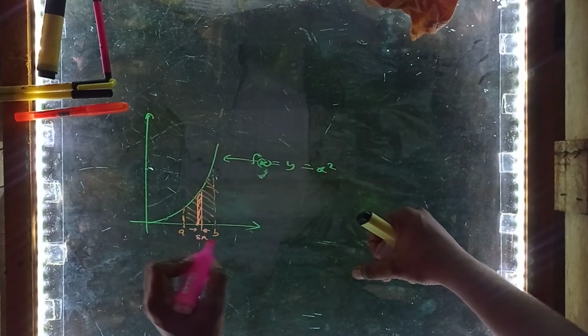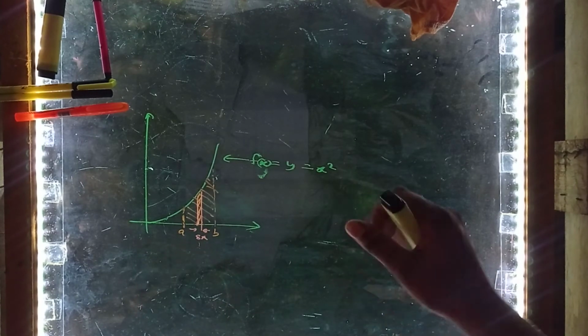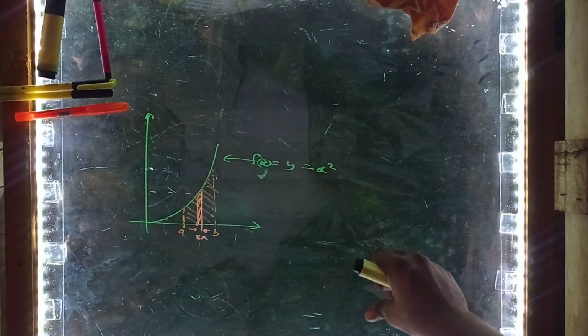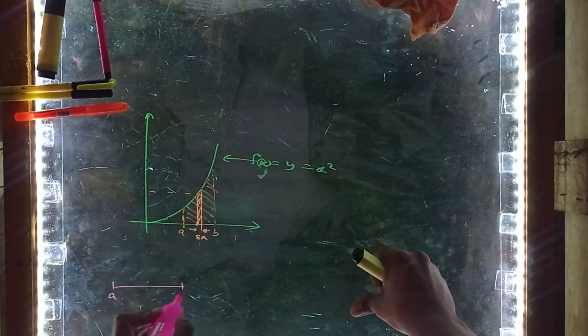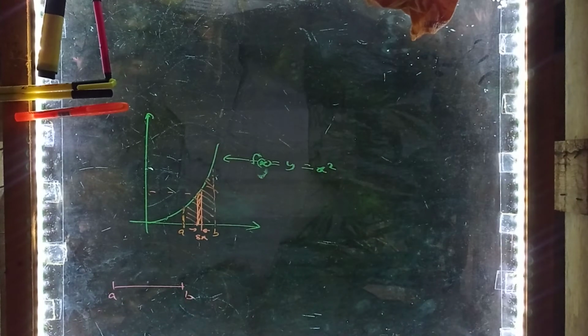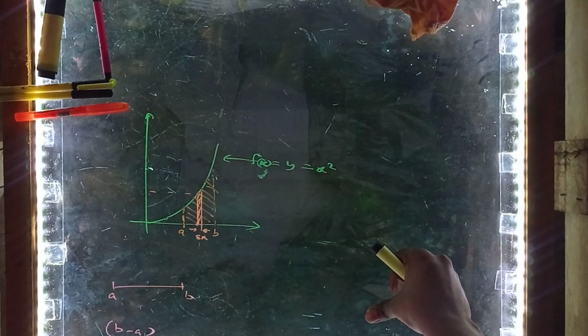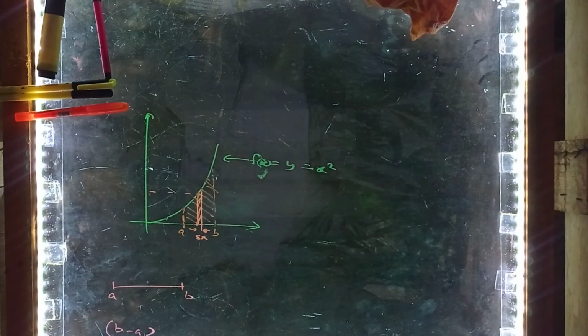This particular width is delta x. Then you can see there are graduations across b minus a.